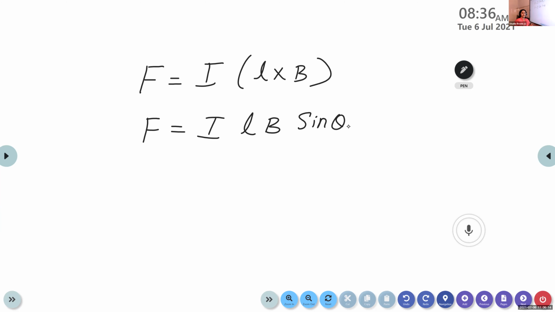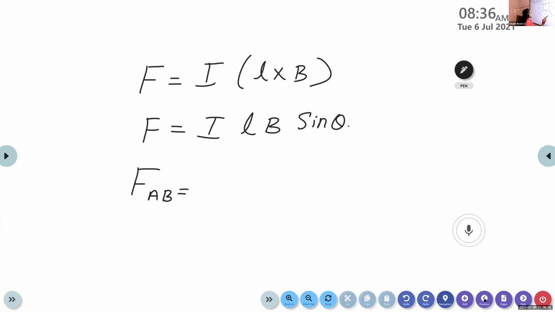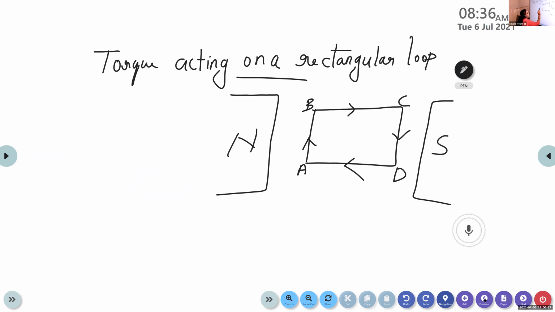Since here the current carrying conductor is a rectangular loop, the force is acting on each side of the loop. So here we want to find out the expression for the force acting on each side of the loop. The force acting on the side AB, FAB, is given by, here the magnetic field is acting from north to south, and the length of this side AB is mutually perpendicular to it.